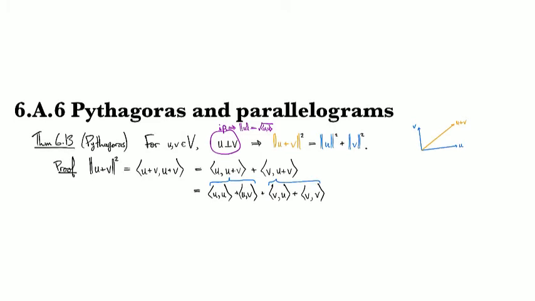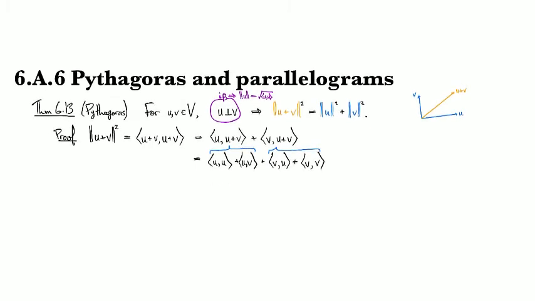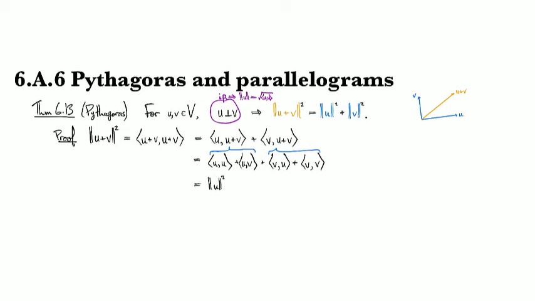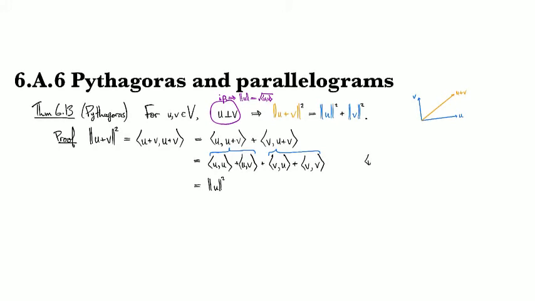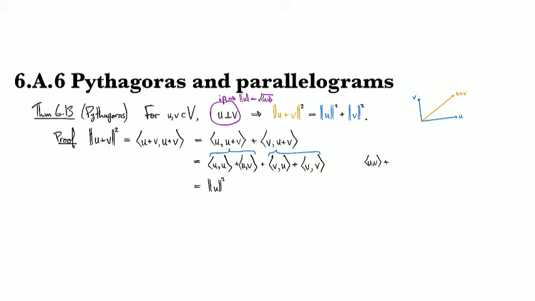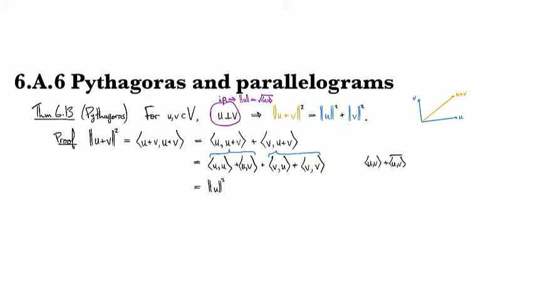Okay, so now let's see what we have. So the u against itself is magnitude u squared. And then here we have the two middle terms. So we've got uv plus, and then vu is uv conjugate, right?